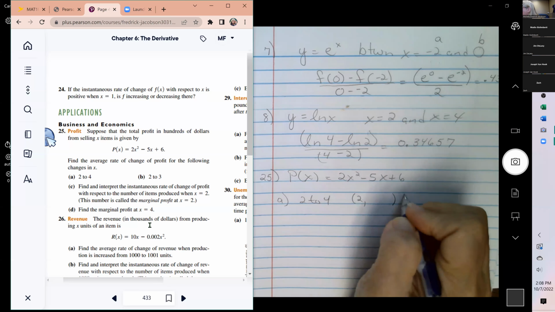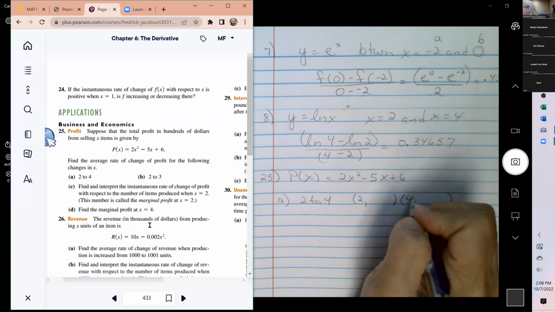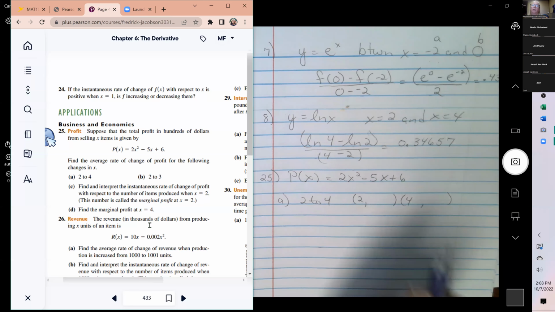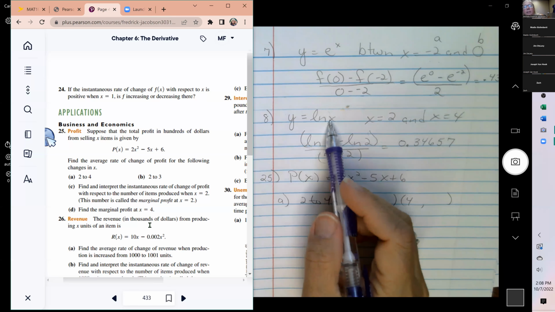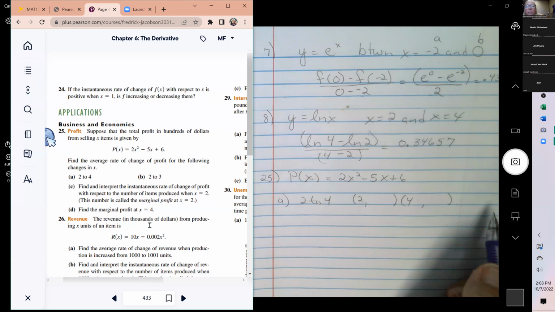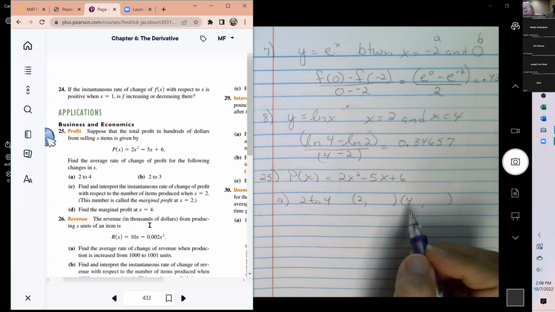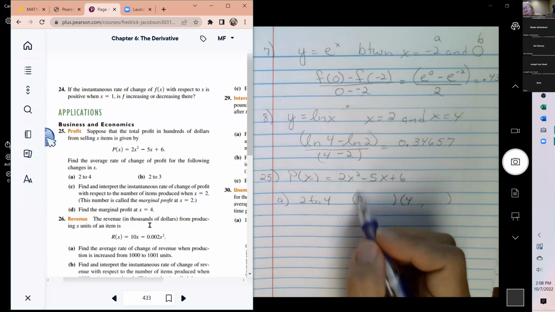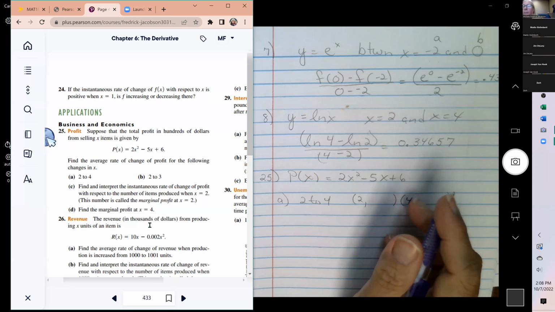When it's a polynomial, I usually find my 2 points and then just use the slope. Whereas these, because there's so many decimals, I put it all in at once. But you could plug in the 4 and the 2 and subtract them.